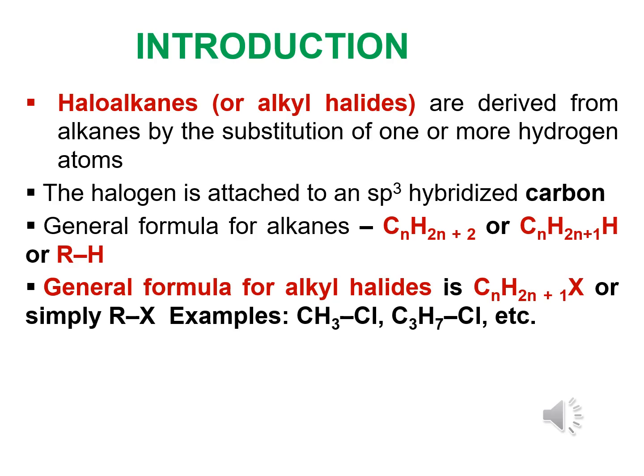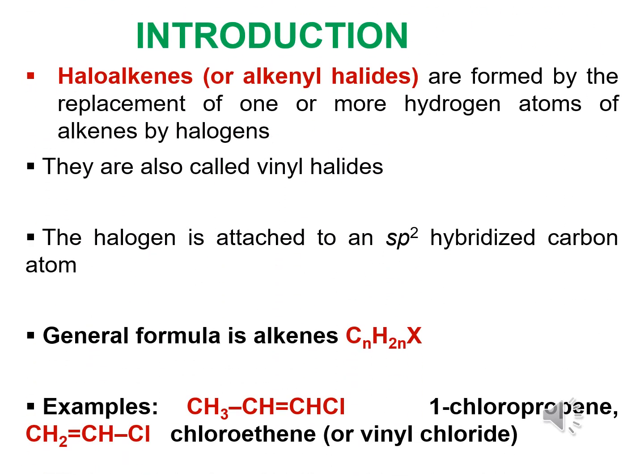So when an alkane loses one hydrogen, it becomes an alkyl. So this hydrogen that is lost comes back as a halogen, forming alkyl halides. Haloalkanes or alkyl halides are simply formed by replacing one hydrogen of alkanes with halogens.